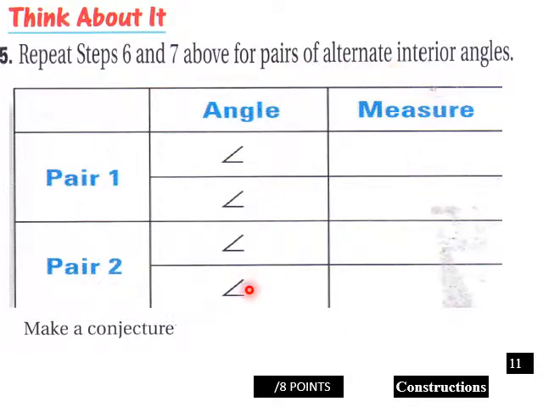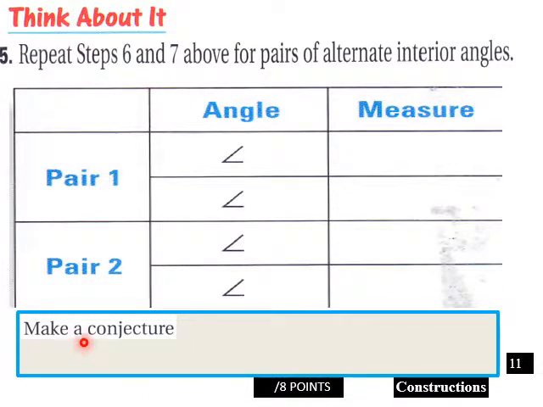That's what this table will be about. And then in this box here, make a conjecture about the relationship of alternate interior angles. Once you have your table filled in, you should be able to see what their relationship is, and then make a conjecture once you see that relationship in your table here.